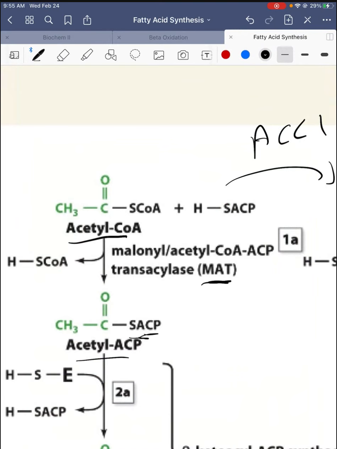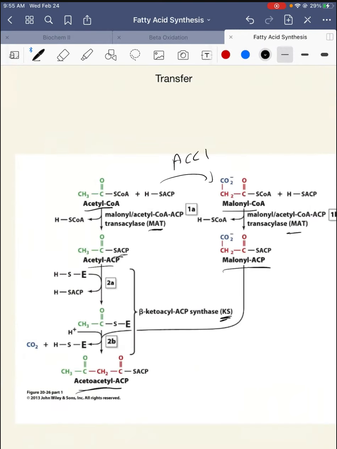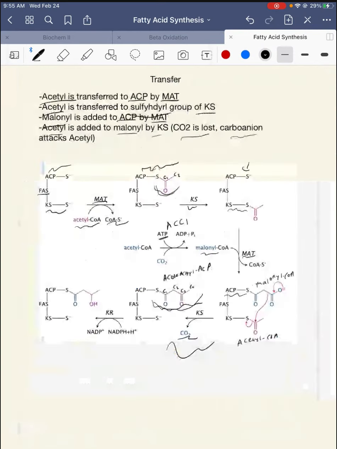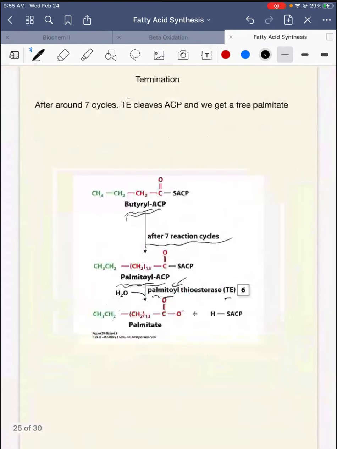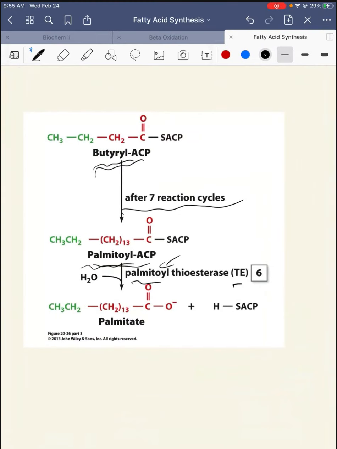So when we do the second round, it's not an acetyl-CoA, it's a malonyl-CoA and a butyl ACP. So it will just have different names, but I think you can just call them MAT, KS, KR, all of that. But just be aware of that if you ever see a different name instead of palmitoyl thioesterase.